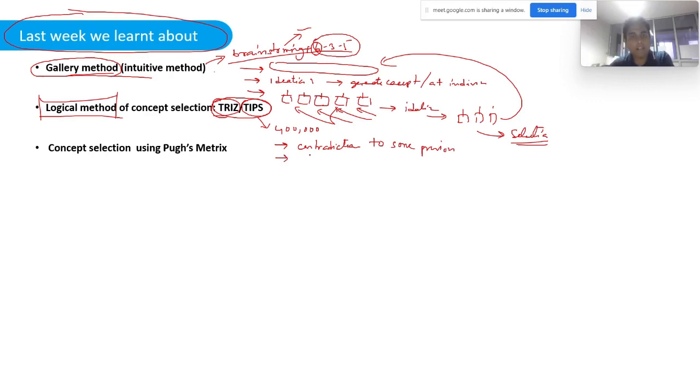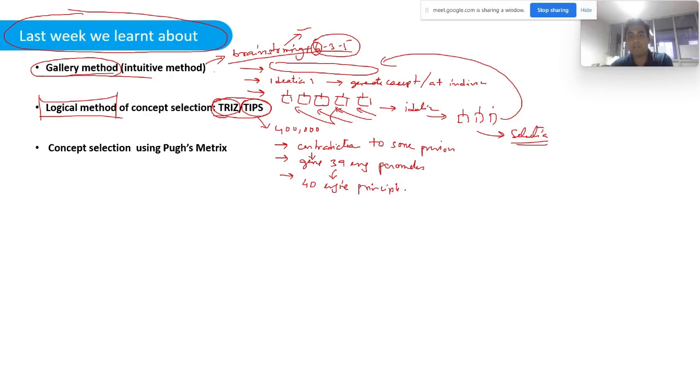He identified that these contradictions can be generalized to 39 engineering parameters, and these can be solved by using 40 engineering principles.